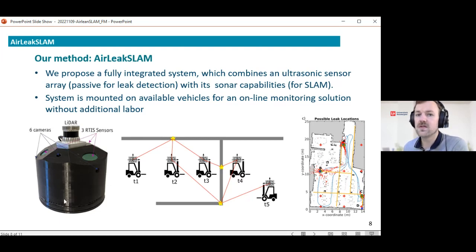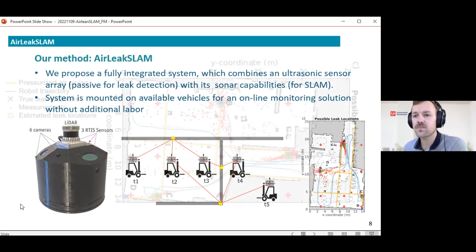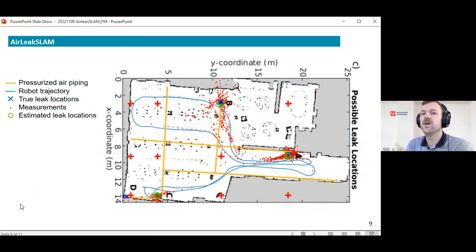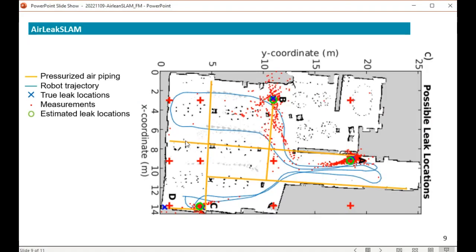We have several experiments with this, and I magnified the map for a bit. So this is the basement here on campus. We fitted it with piping that we run pressurized air through. So the orange lines that you see here are piping. Then the blue squiggly lines are the trajectory that the robot went through.